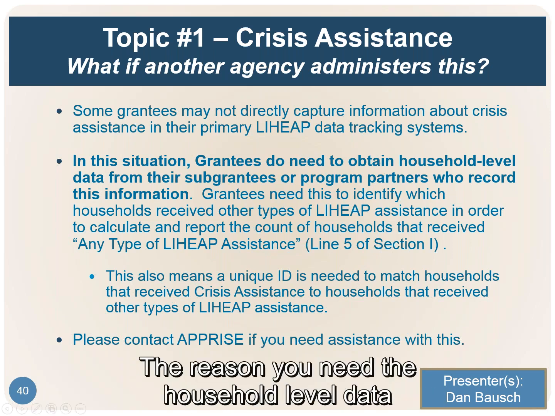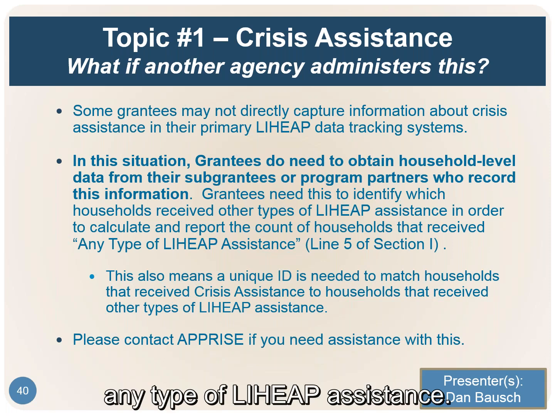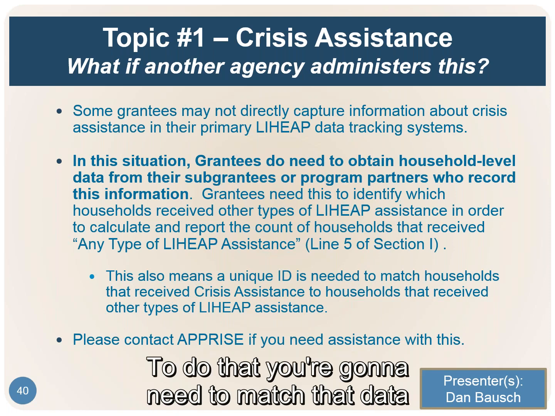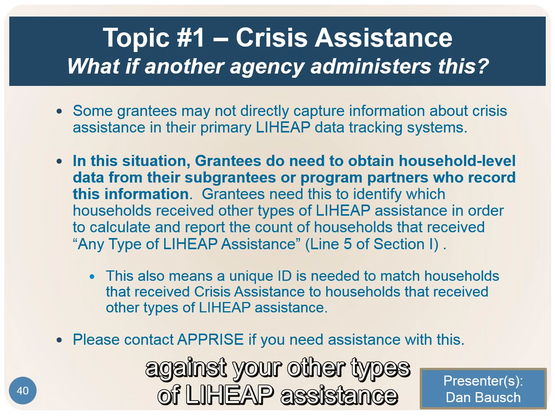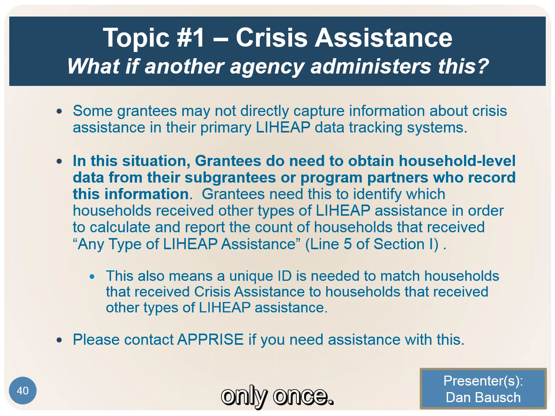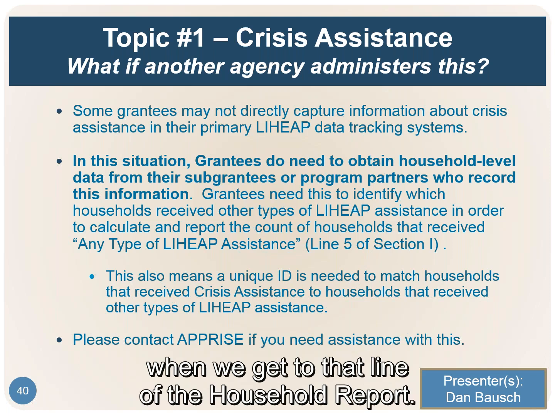The reason you need the household level data is you're going to have to report an unduplicated count of households that are receiving any type of LIHEAP assistance. We're going to go over that line shortly. To do that, you're going to need to match that data against your other types of LIHEAP assistance so you can make sure you're counting each household only once. So we're going to talk about this a little bit more when we get to that line of the household report.